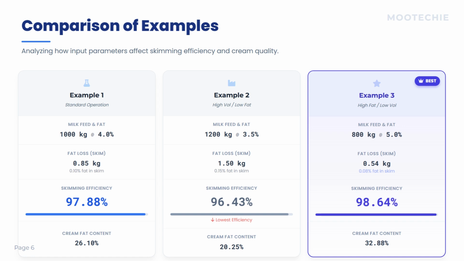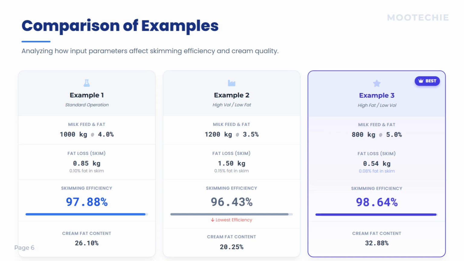In example 1, with a feed of 1,000 kilograms at 4% fat, we had a skim fat loss of 0.85 kilograms, an efficiency of 97.88%, and a cream fat content of 26.1%. Example 2, with higher volume but lower fat, 1,200 kilograms at 3.5%, had a higher skim fat loss of 1.5 kilograms, the lowest efficiency at 96.43%, and a lower cream fat of 20.25%.